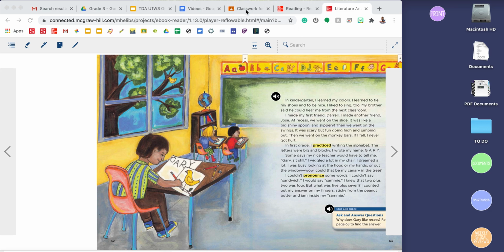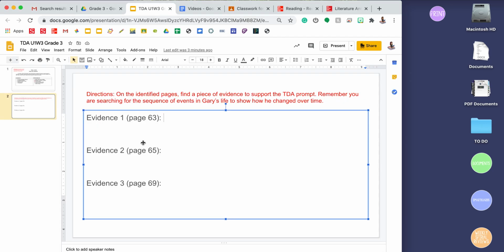So on my chart, I'm going to type my evidence. Because I'm taking this evidence directly from the text, I need to make sure I put it in quotation marks.